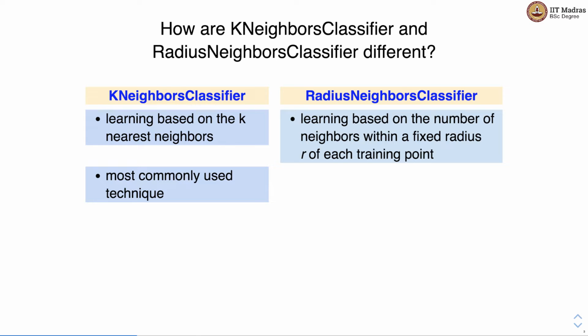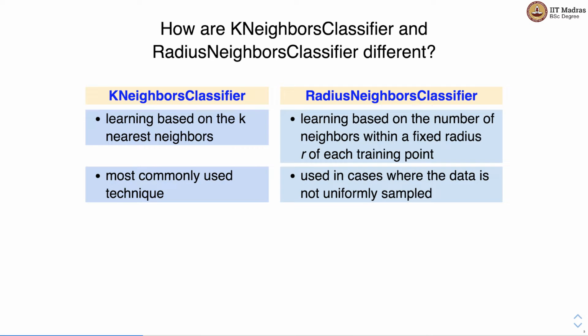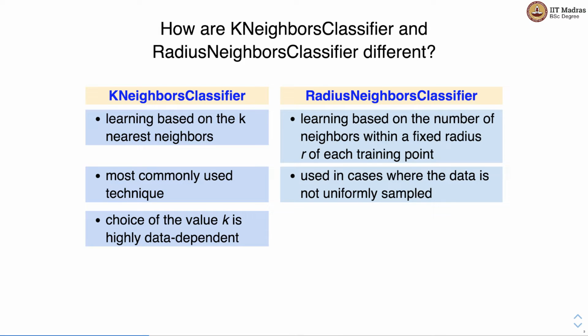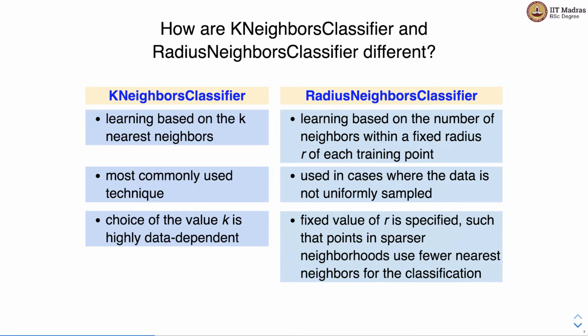KNeighbors Classifier is the most commonly used technique, whereas Radius Neighbors Classifier is used in cases where the data is not uniformly sampled. In KNeighbors Classifier, the choice of the value of k is highly data dependent. Whereas in Radius Neighbors Classifier, we use a fixed value of R, such that the points in sparser neighborhoods use fewer nearest neighbors for the classification.